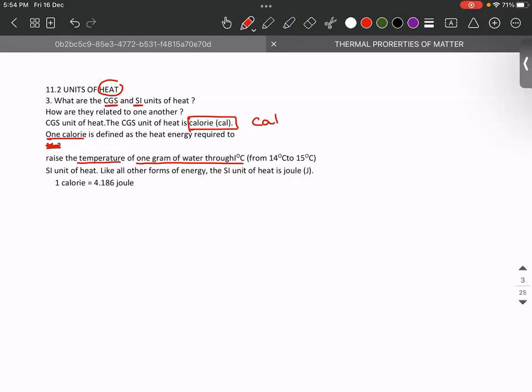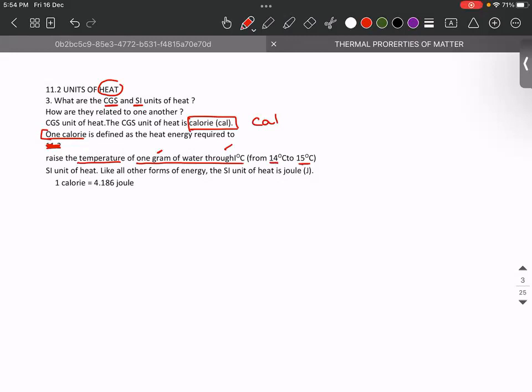So I repeat, how is 1 calorie defined? It is defined as the amount of heat required to raise the temperature of 1 gram of water through 1 degree Celsius, that is between 14 to 15 degrees Celsius.